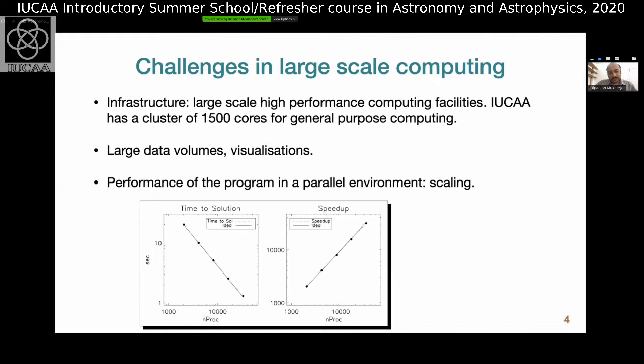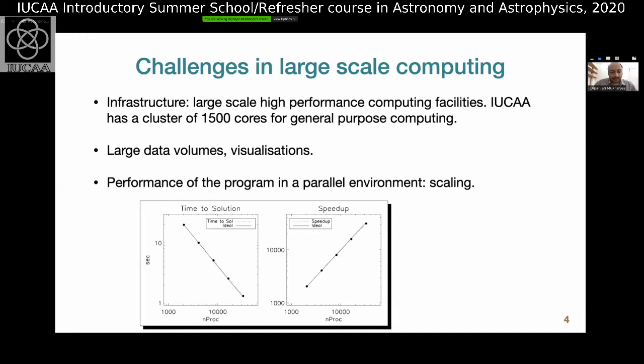How often you need inter-processor communication decides how efficient your code is. So what we often do is take a typical problem and run it on different numbers of processors, and see whether the time to solution is actually decreasing.